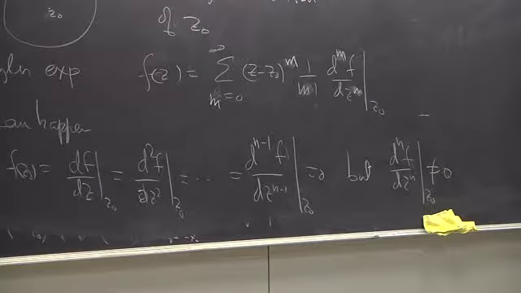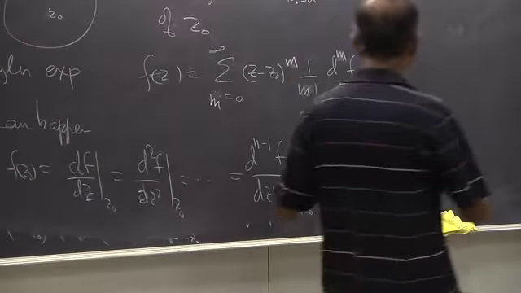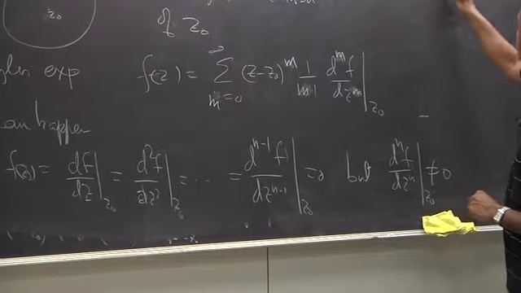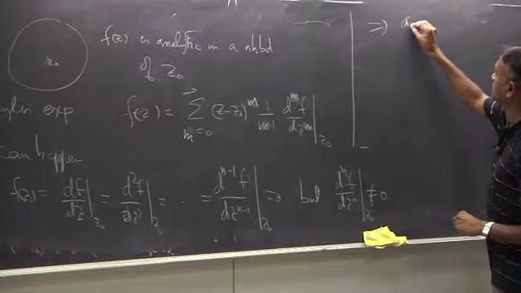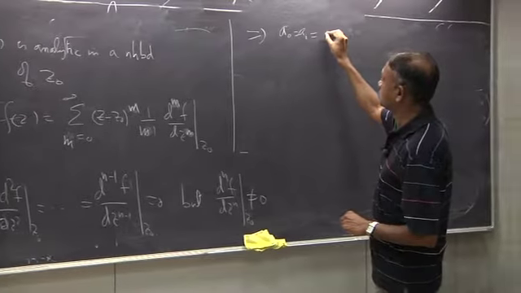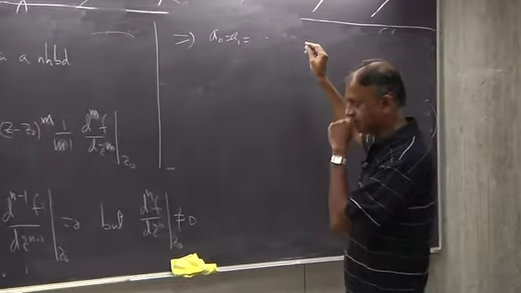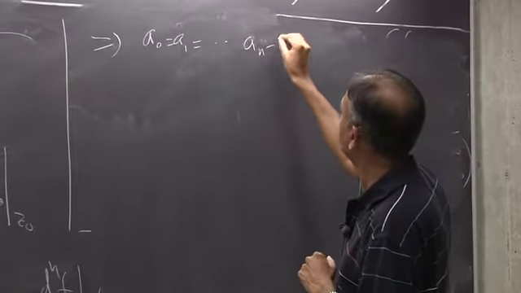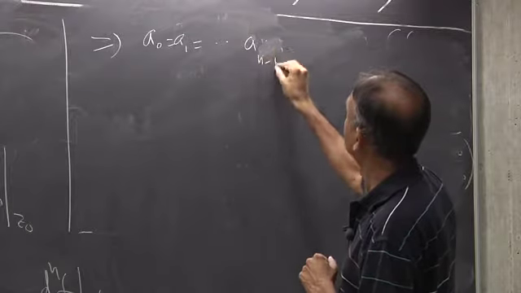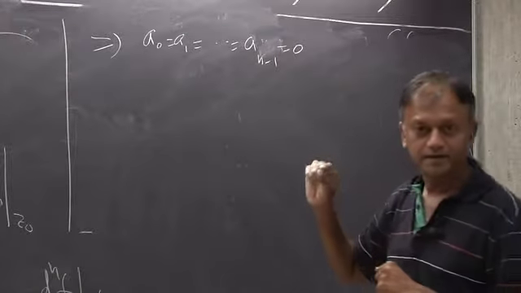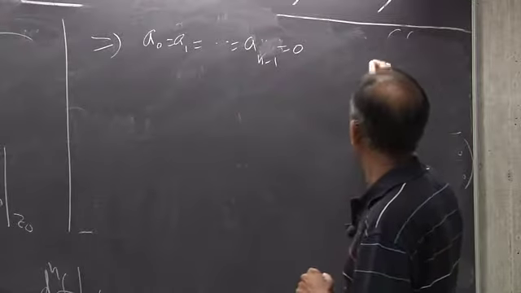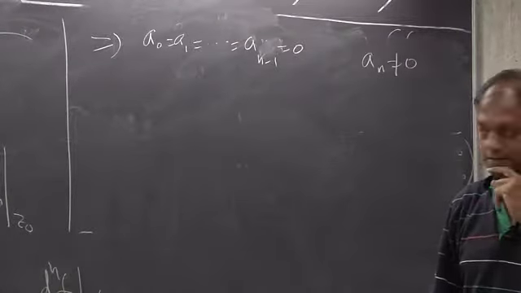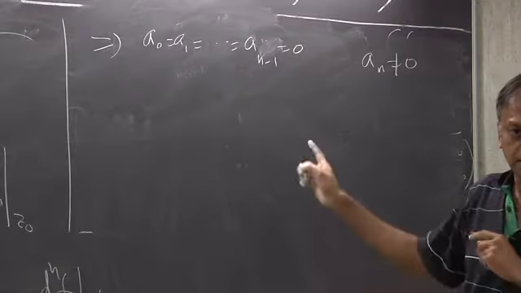In that case, if you go back to the Taylor expansion, this would imply that a0 equal to a1 equal to all the way up to a_(n-1), they are all 0, right? But a_n is not 0. That's what you'll find.